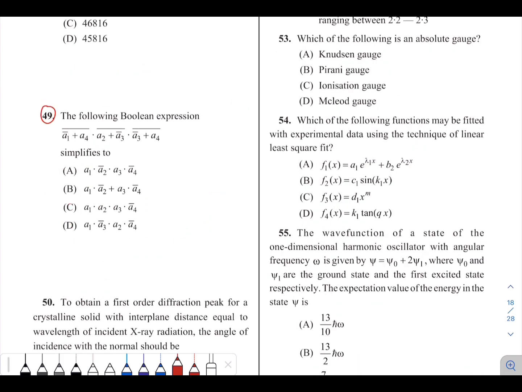Problem 49. The following Boolean expression simplifies to. So we shall use the two De Morgan's theorems. So now let's simplify each of these parts.